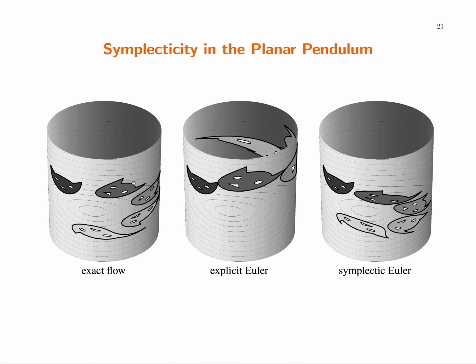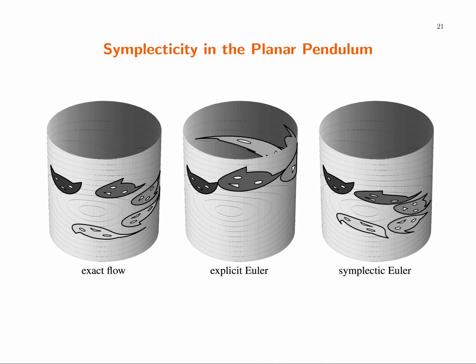Now, if you were to try to do the same thing with explicit Euler, you'll find that the phase volume actually increases as you keep applying explicit Euler, whereas in contrast with symplectic Euler, this phase volume is again a constant of the numerical method.